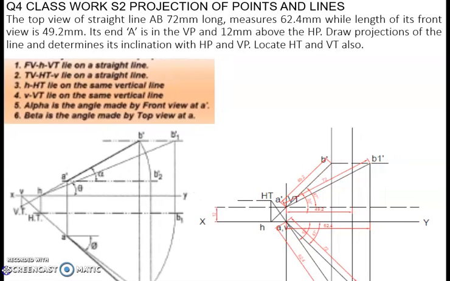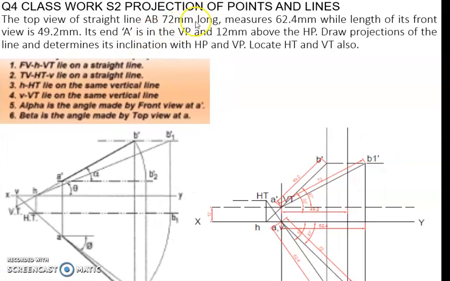Its true length is 72 mm and the plan measures 62.4 mm, while the length of its front view is 49.2 mm. So we have the length of the elevation, the length of the plan, the true length, and the location of end A. So let's start working on it.